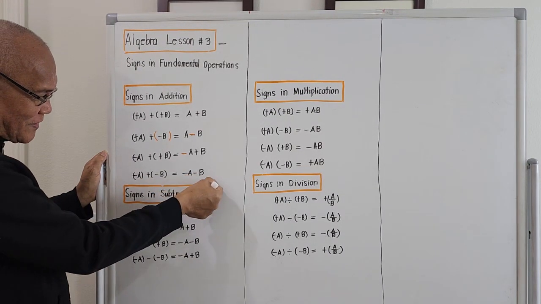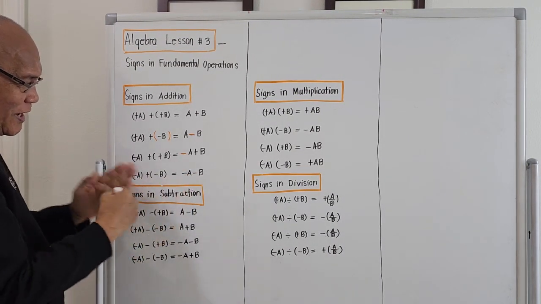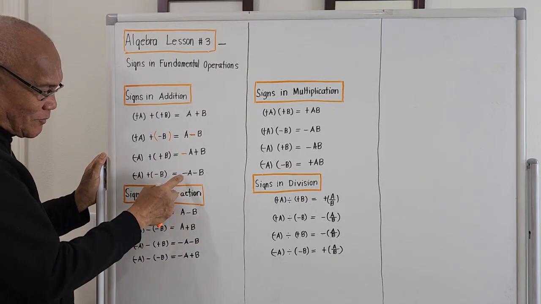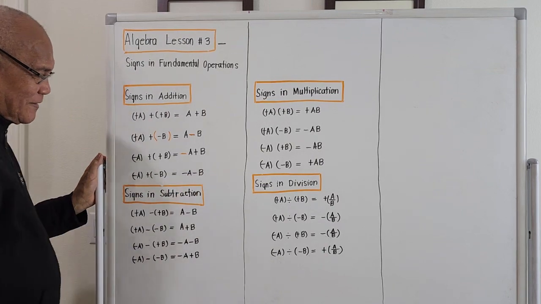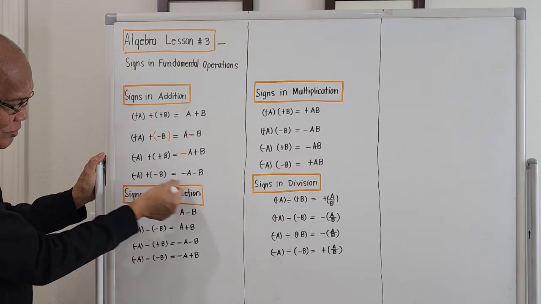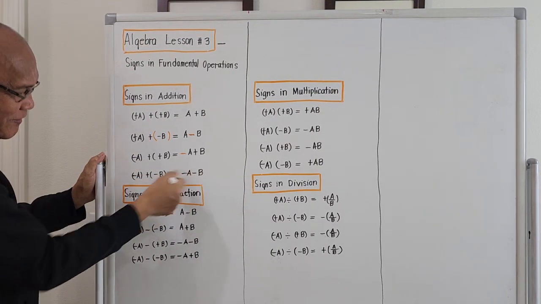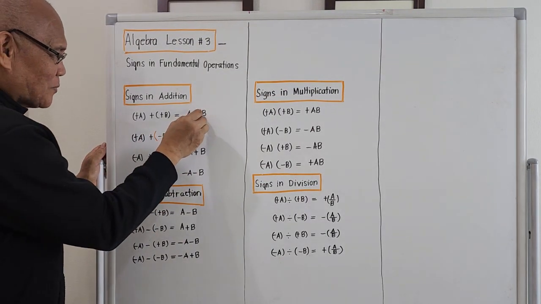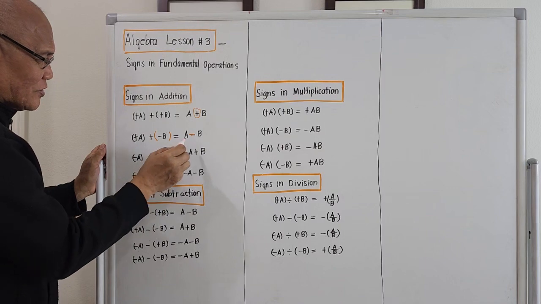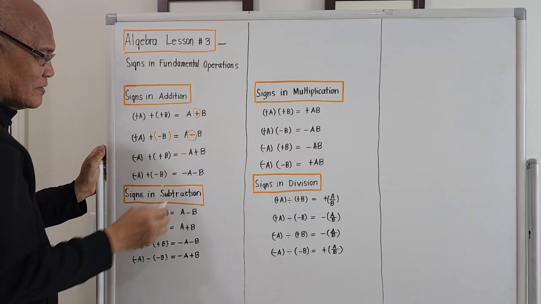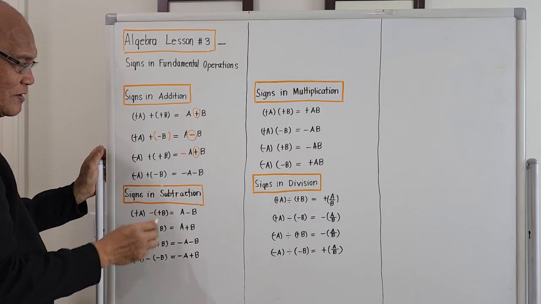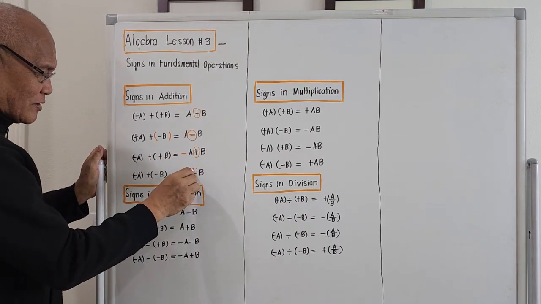So this is minus B. So when you are adding two negative numbers, they are both negative, negative A minus B, because a plus and a minus will be a minus. So on the first one, this is plus. On the second one, this is minus. On the third one, this is plus. On the fourth one, this is minus.